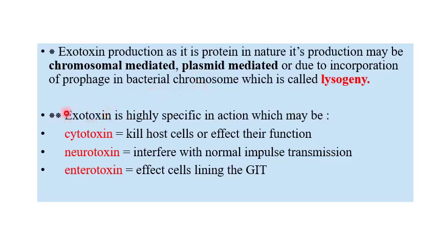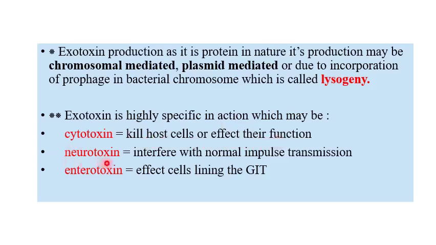طب قلنا برضو في التيبل اللي فات that the exotoxins is highly specific in its action. وفعلا بنلاقي ان كل exotoxin بيبقى ليها target معين in the host cell which it acts on it. And accordingly we divide them to 3 types. We can call the exotoxin a cytotoxin, and in this case it kills the host cells or it affects their function, destroys their function.